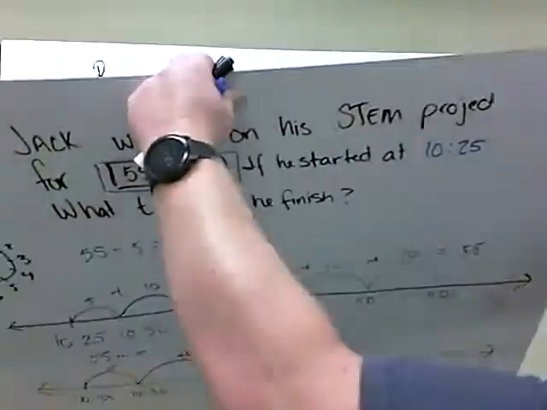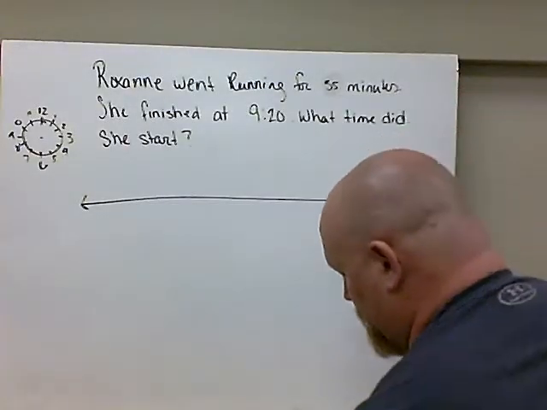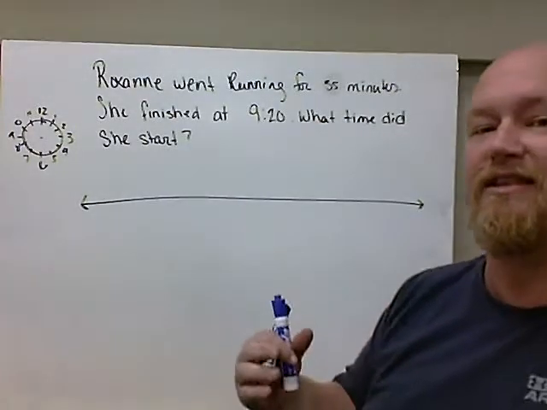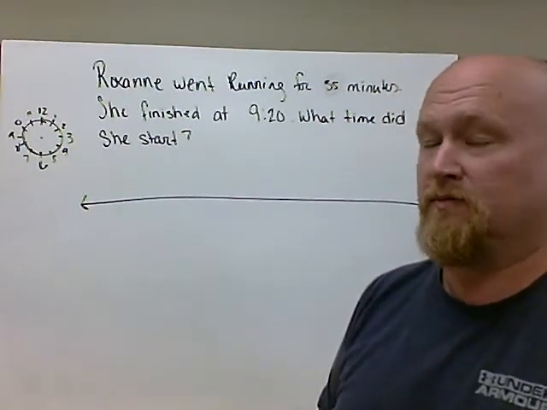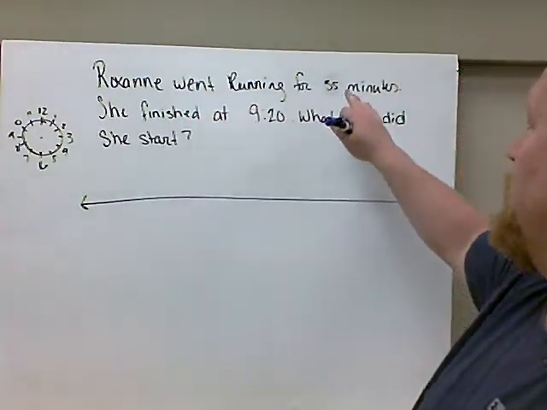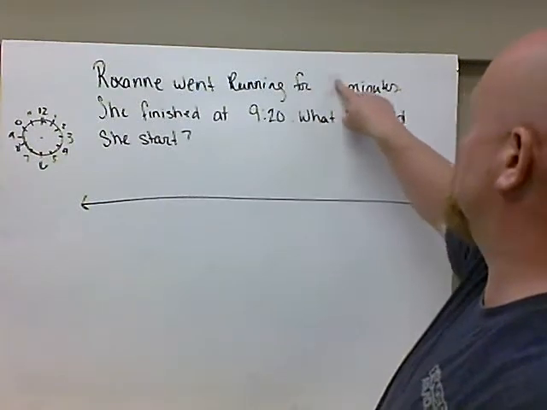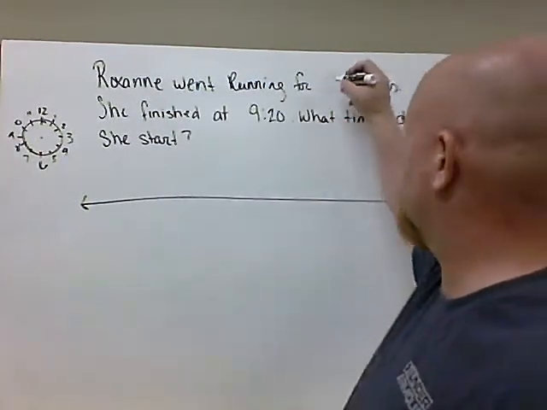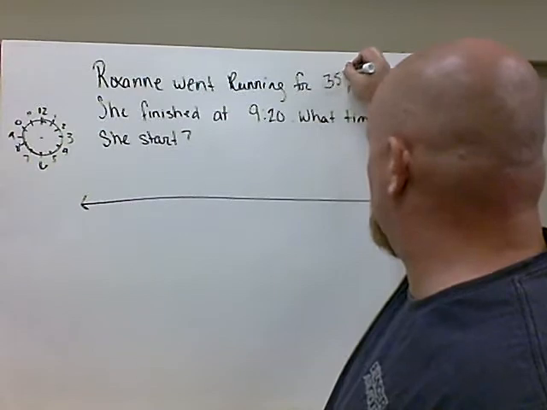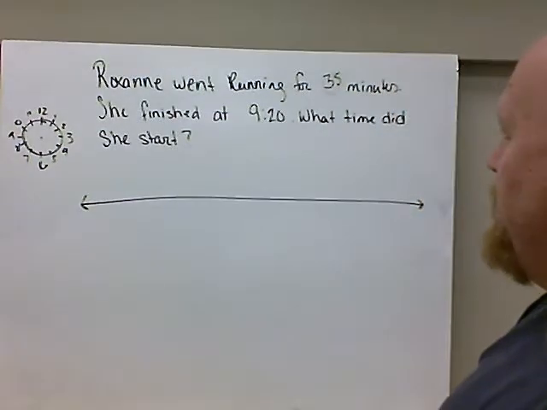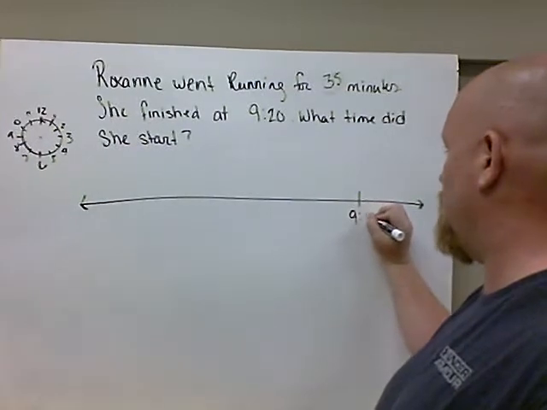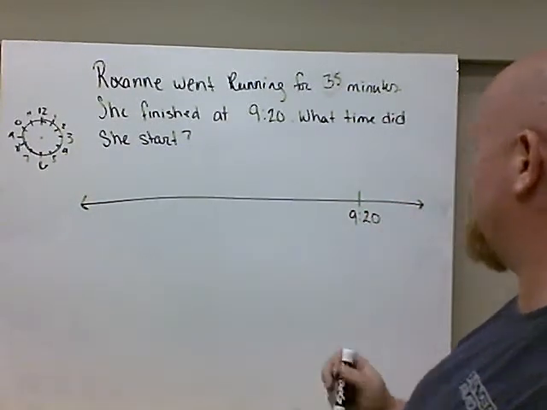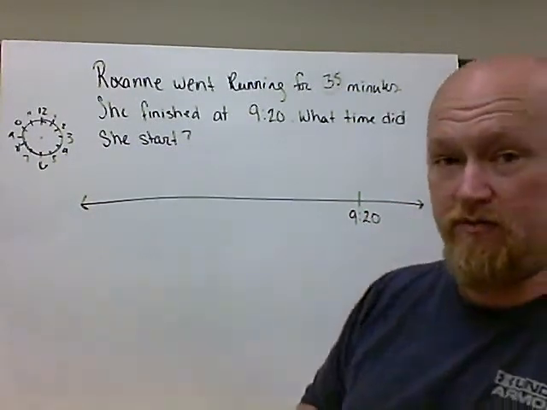I'm actually going to let you pause the video and sort this one out, because I think it's important that you apply a strategy in an unfamiliar way. Roxanne went running for 35 minutes. She finished at 9:20. What time did she start? So instead of a start time, we have a finish time and how far she ran.